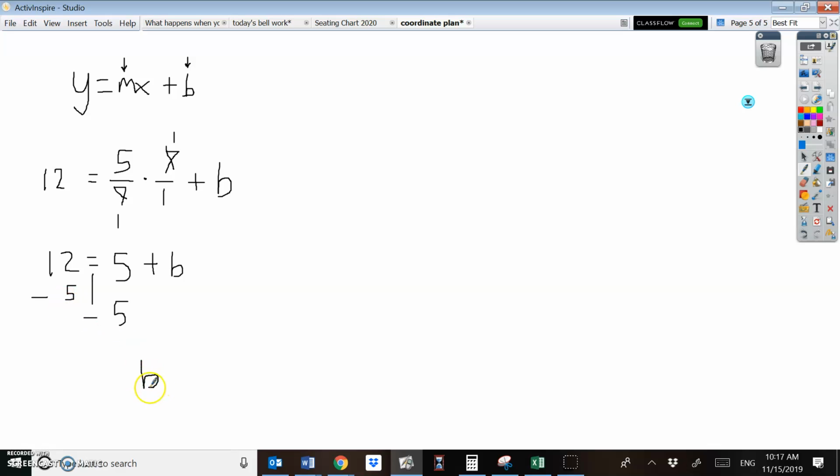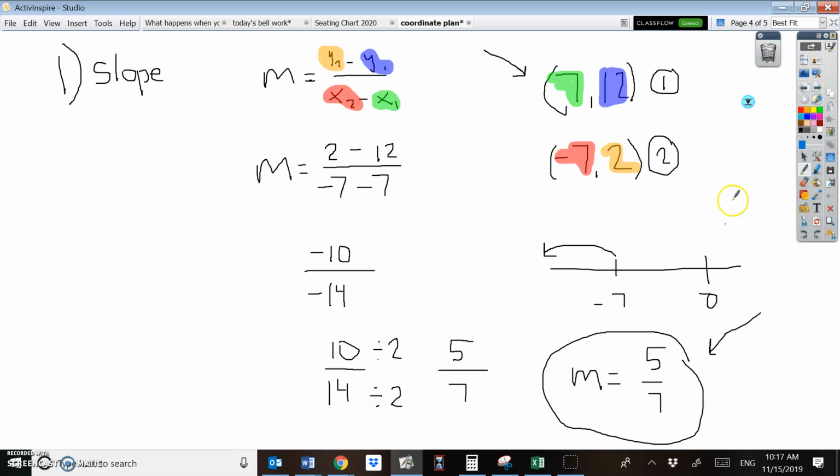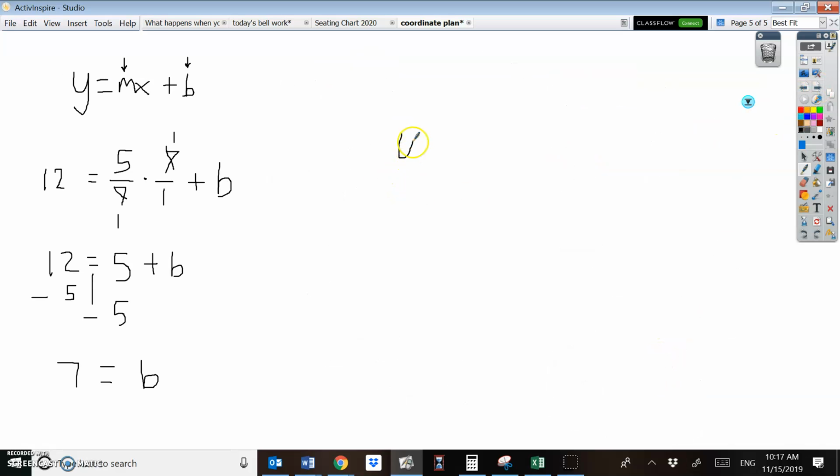Now b equals 7. So our slope is 5 over 7. Y equals 5 over 7x plus the y-intercept is 7.